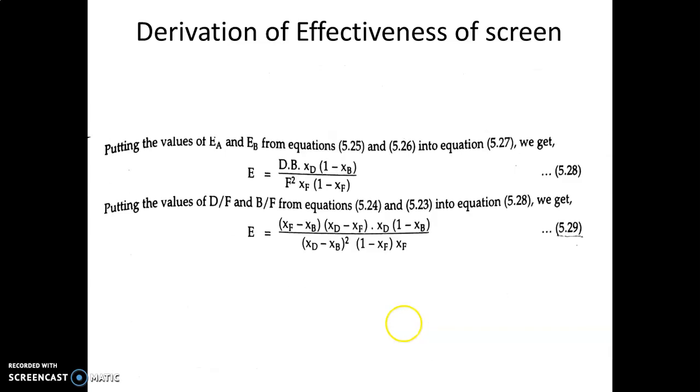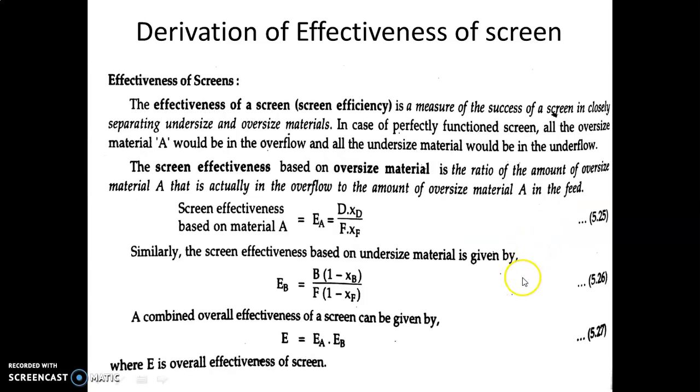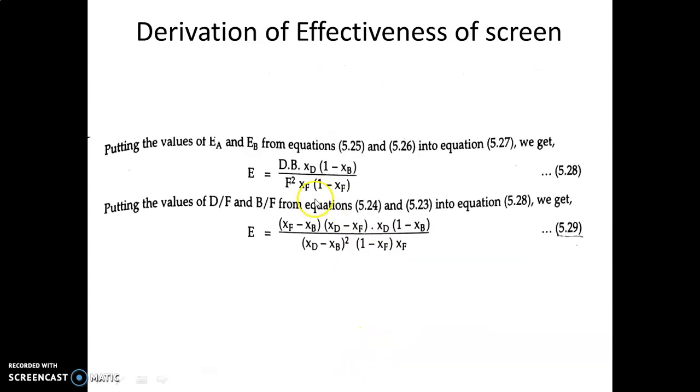Then we put the values of EA and EB, the effectiveness of oversized material A and of undersized material B, from equations 5.25 and 5.26 into equation 5.27.